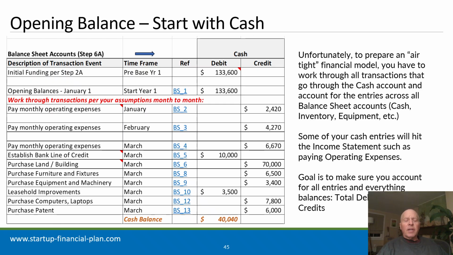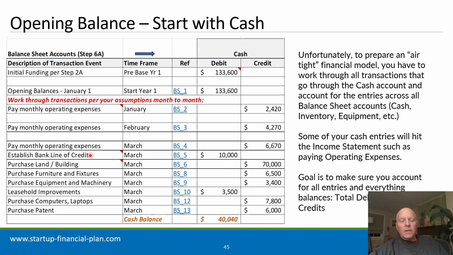The thing that you need to be also aware of as you work through these transactions through the template, again, I would go through the sample workbook so you can see how this works. You need to pay attention to this cash balance. Because if this cash balance turns negative month to month, then you need to revisit your funding plan, and maybe you have to put in a line of credit.